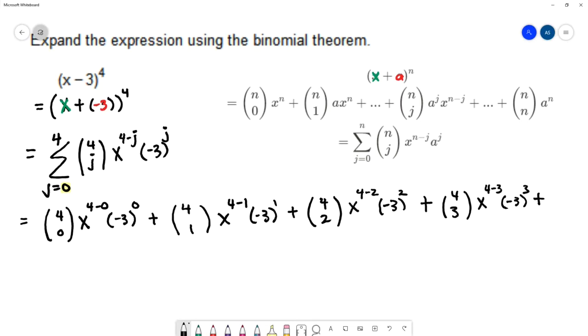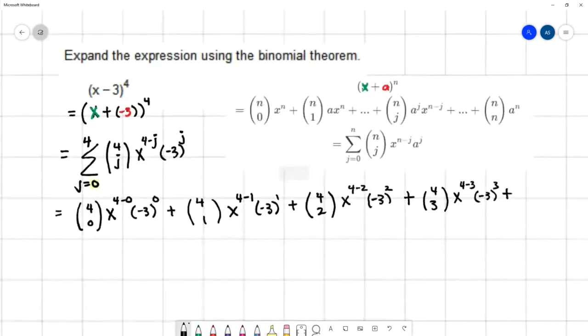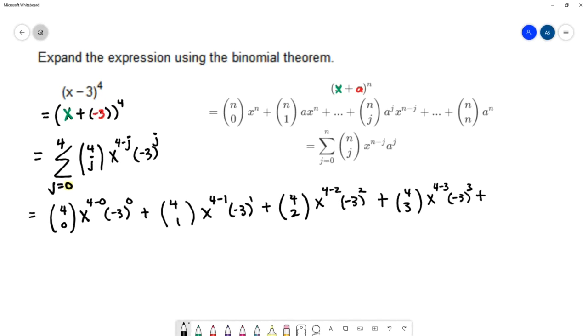And we'll increment j one final time, and that would give 4 choose 4, x to the 4 minus 4, negative 3 to the 4th.